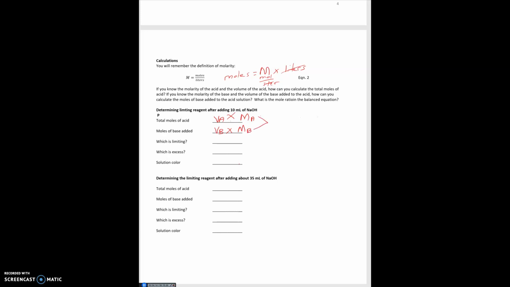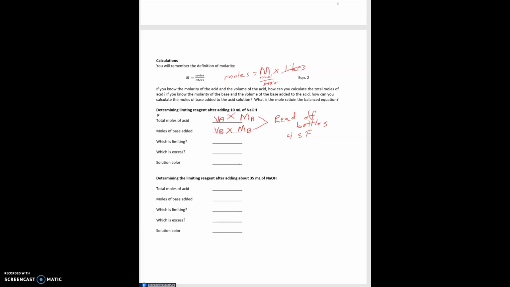These two numbers you're going to read off the bottles, and they should be 4 significant figures. Then you're going to decide, after you've added 10 milliliters of sodium hydroxide to the 25 milliliters of hydrochloric acid, which one is limiting, which one is in excess, and what is the solution color.